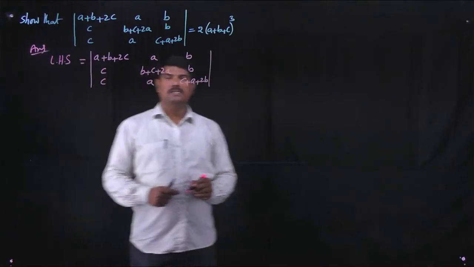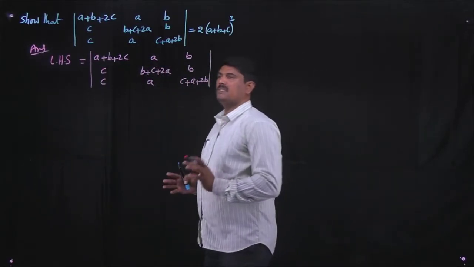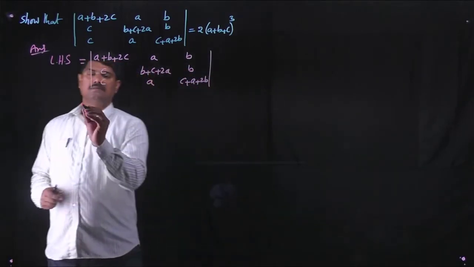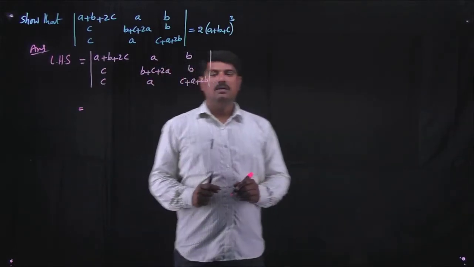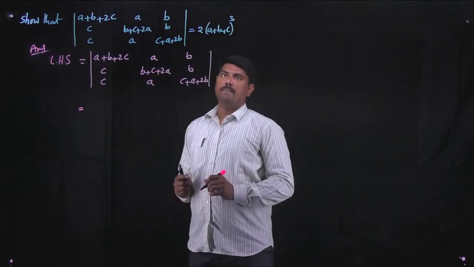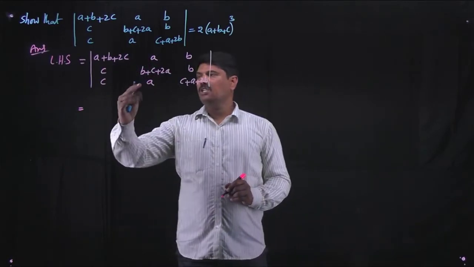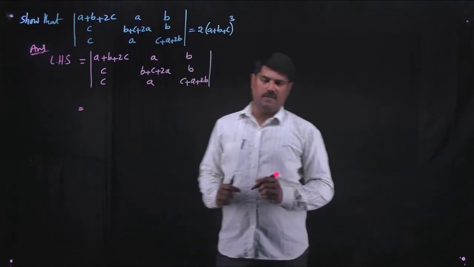You have to consider the LHS part very carefully. No letter or number is to be deviated. So here, observing the answer RHS, we need to get 2 into a plus b plus c whole cube. Expanding the determinant from here and obtaining the answer is very difficult.